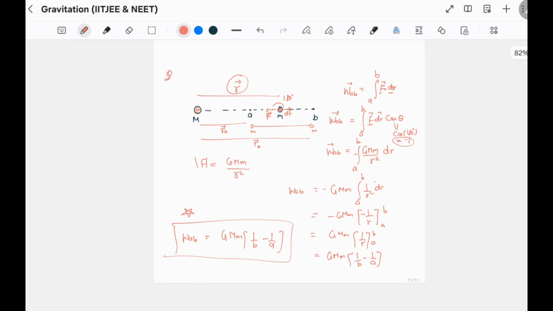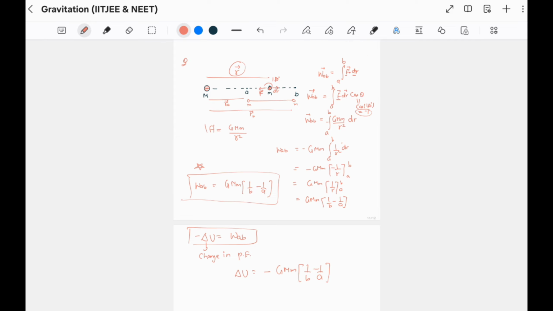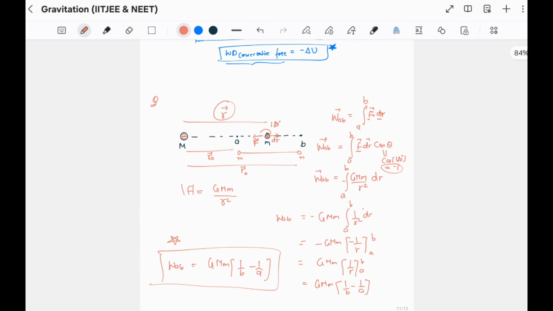Now we know that this work done will be equal to minus of the change in potential energy. So we can find the change in potential energy. Change in potential energy will be minus G capital M small m, 1 by B minus 1 by A. Actually I am writing A and B, but this is RA and RB everywhere.